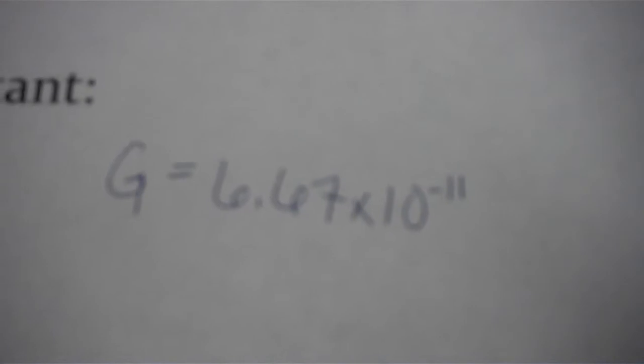So how does that actually look when we write it down? Capital G is equal to 6.67 times 10 to the negative 11th. So that's a tiny number, right, because we have a negative here. And the unit is a Newton meter squared divided by kilograms squared.